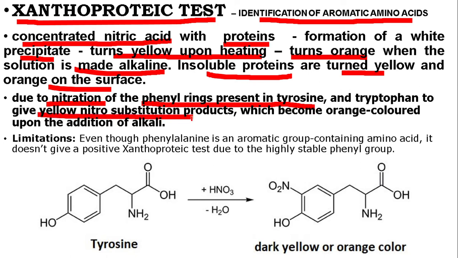Actually, phenylalanine also comes under the category of aromatic amino acids, but the problem is that it often may not give a positive result with the xanthoproteic test. Why? Because the phenyl ring is highly stable and not reactive.